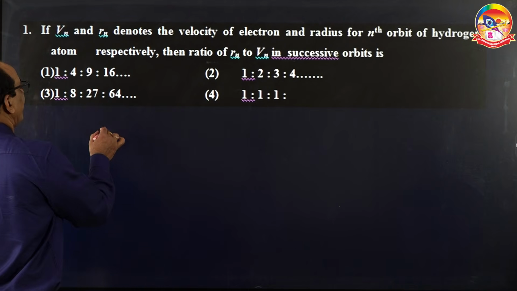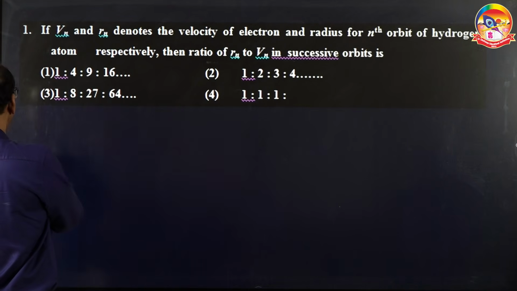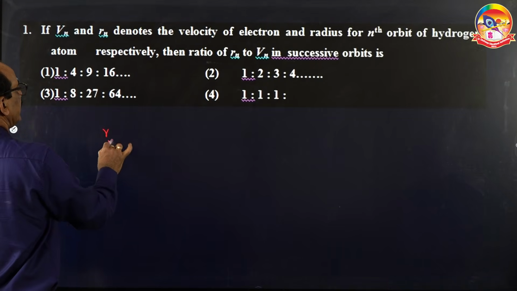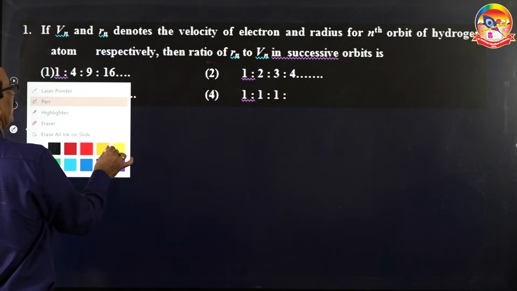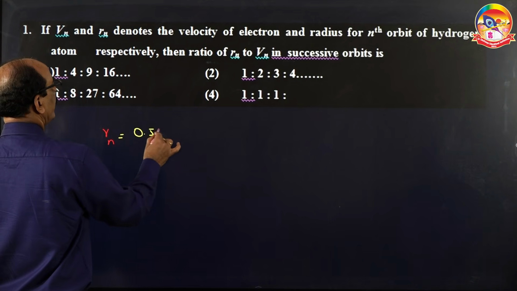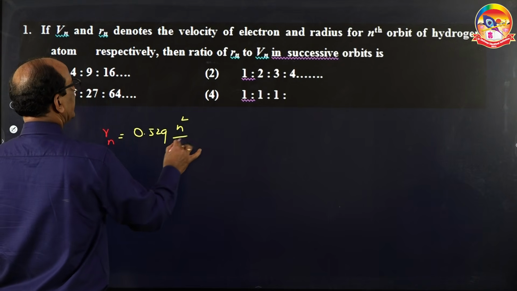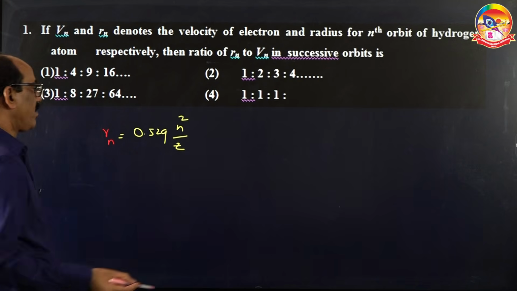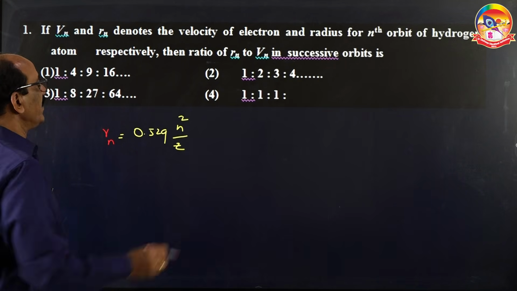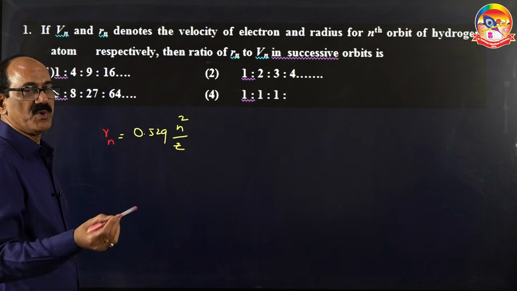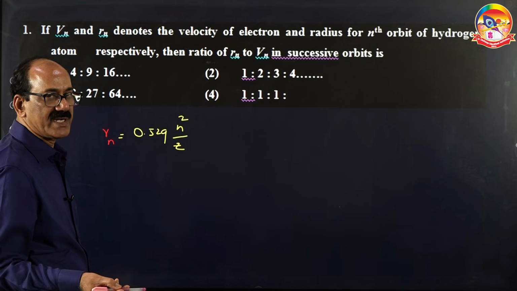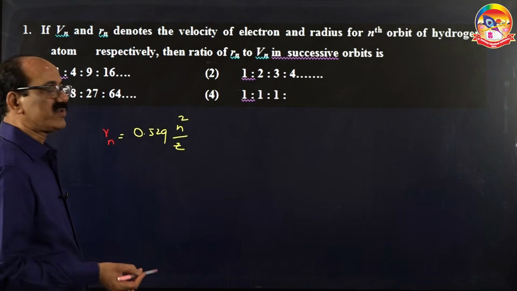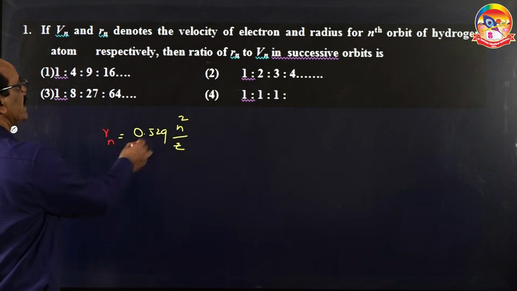You are all familiar with the fact that the radius of the electron in the nth orbit of a hydrogen atom is given by 0.529 n square by Z, where n is the principal quantum number, or number of the orbit, and Z is the atomic number. Bohr's model is valid not just for the hydrogen atom but for hydrogen-like species, that is He plus ion, Li plus 2 ion, etc. Okay? So this is a general expression.